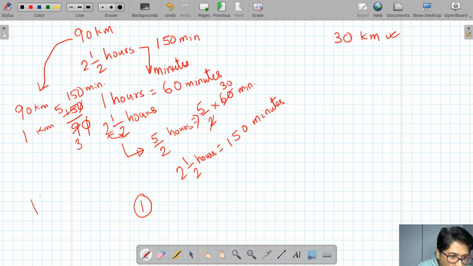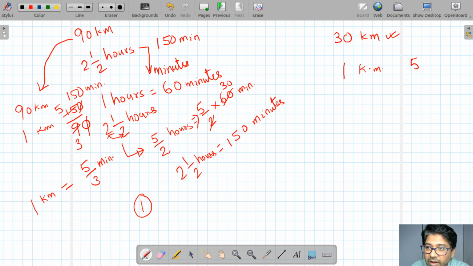So 1 kilometer can be traveled in how many minutes? 5 by 3 minutes. So if 1 kilometer takes 5 by 3 minutes.